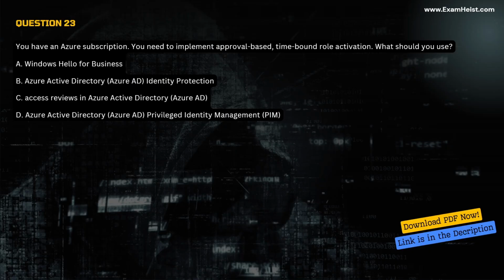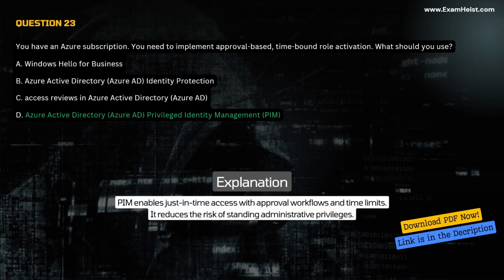D. Azure Active Directory (Azure AD) Privileged Identity Management (PIM). Correct answer D. Explanation: PIM enables just-in-time access with approval workflows and time limits. It reduces the risk of standing administrative privileges.